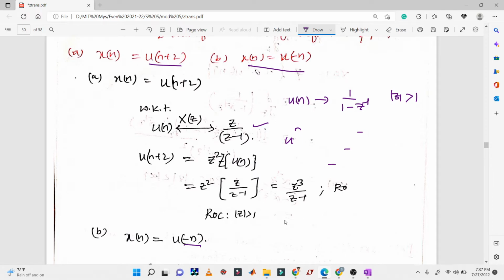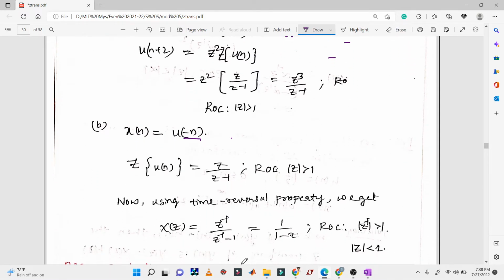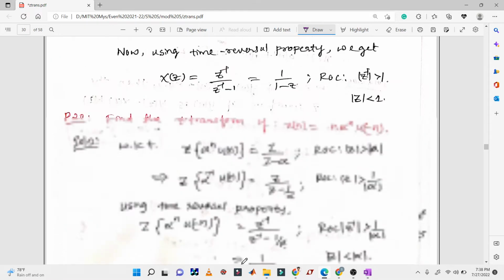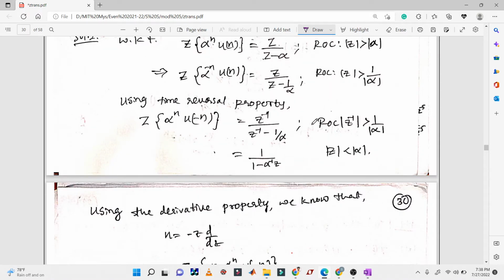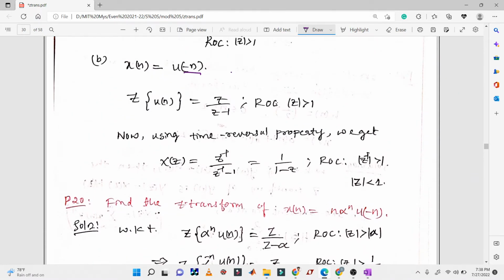U of minus n, time reversal. U of minus n is time reversal. Wherever z is there, you have to write it as z inverse. So you can see here, u of n, z transform is z divided by z minus 1.